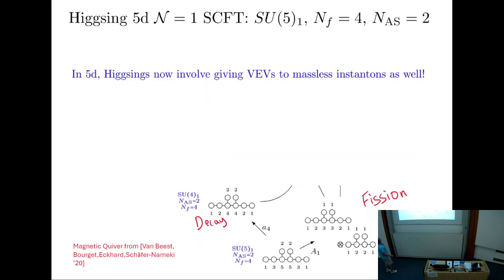So that's fun. We can also do things in 5D N=1 SCFTs. So at low energy, we have some SU(5) gauge symmetry, Chern-Simons level 1, with flavors in the antisymmetric. Go to the UV superconformal fixed points, boom, I don't know the Lagrangian description anymore. That's fine. We know the magnetic quiver is over here. It either decays to this theory, which is now labeled by a different 5D SCFT, or fissions into these two 5D SCFTs.